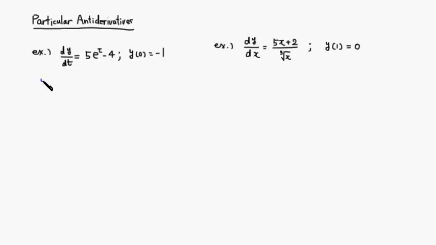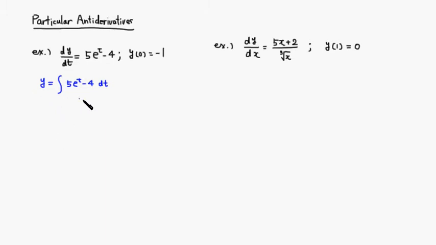So y is equal to the antiderivative of the given derivative, so it's going to be 5 e to the t minus 4, with respect to t, of course.